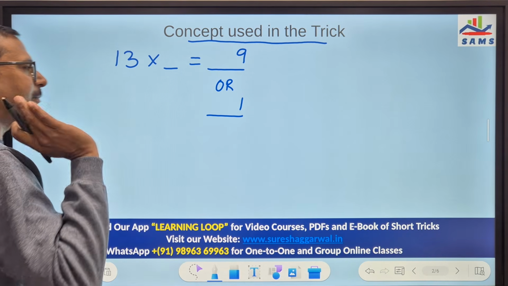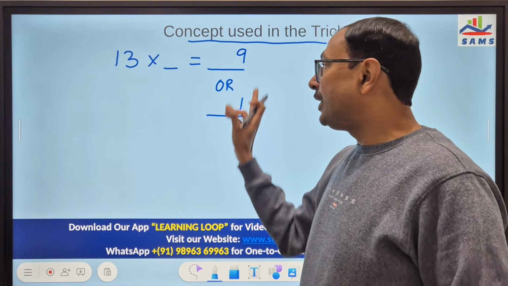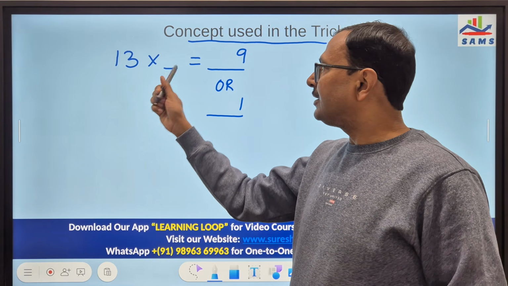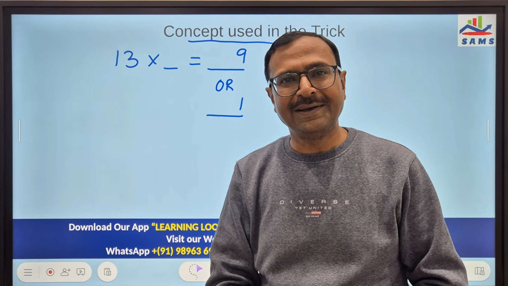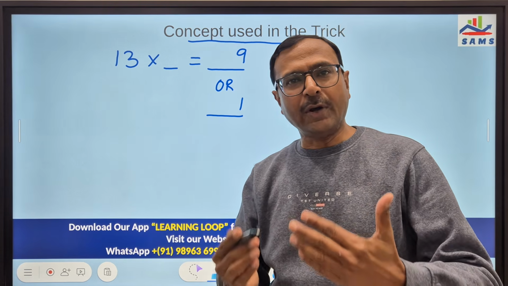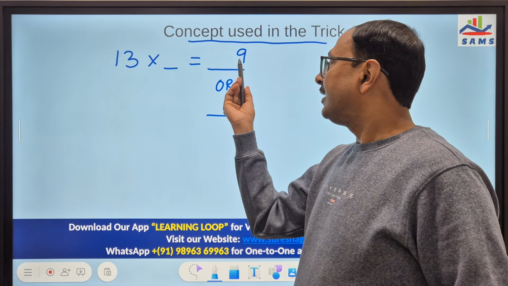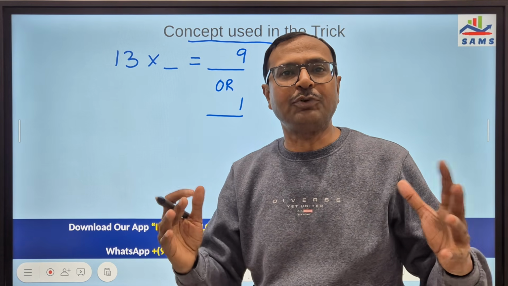These are the two numbers, the unit digits of the product. And you have to multiply 13 by a single digit number only. And invariably, all tables of prime numbers beyond 10 will contain a number ending in 9 and a number ending in 1. They have to.